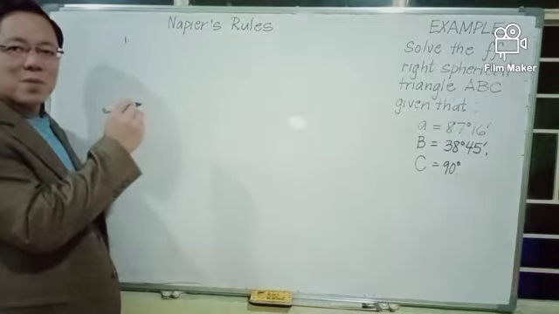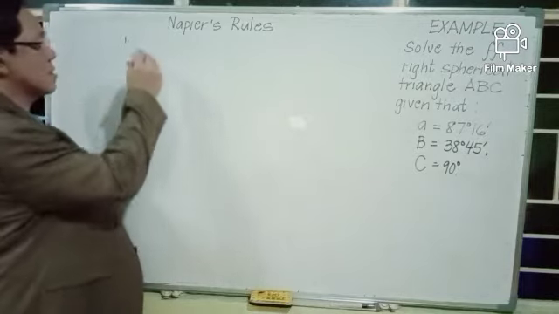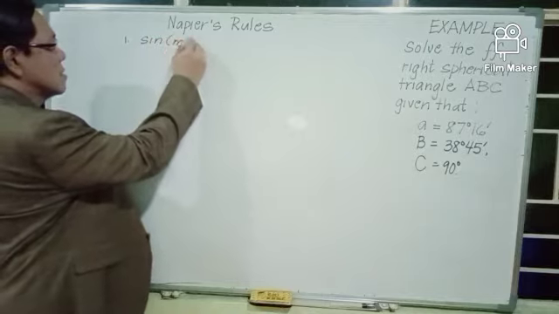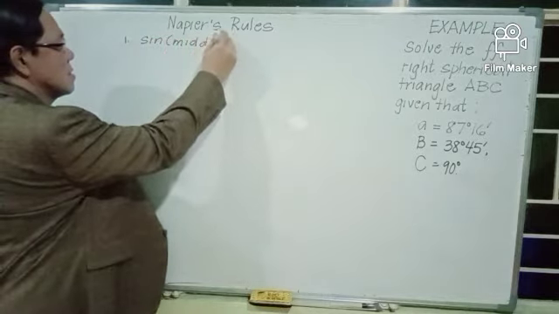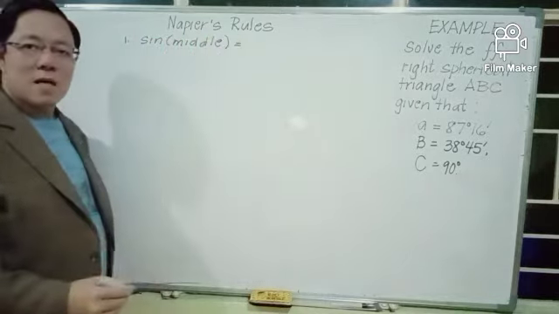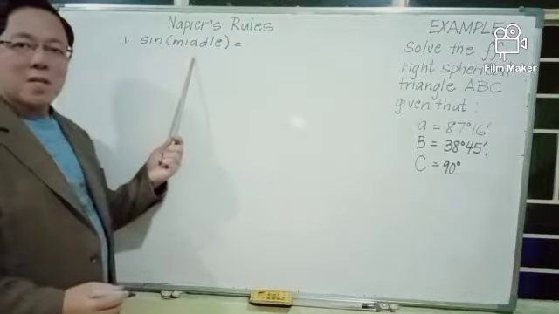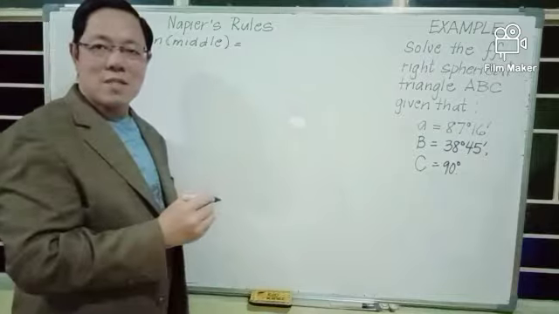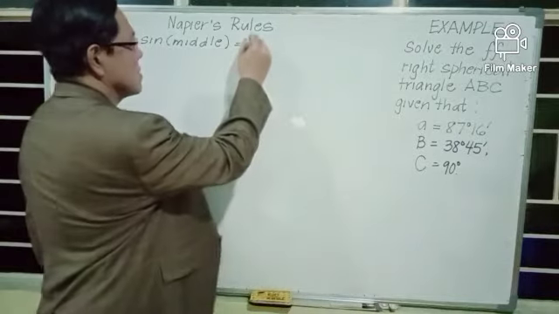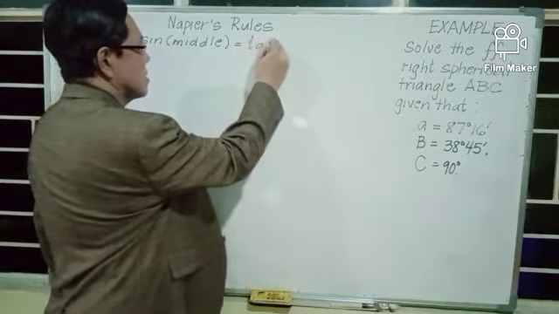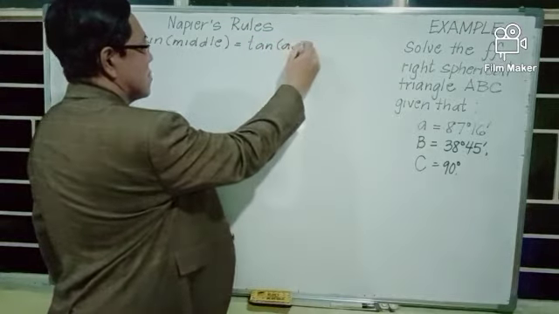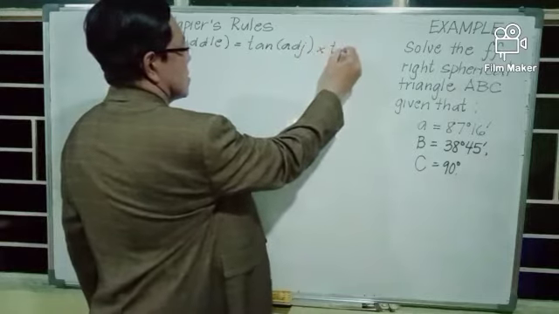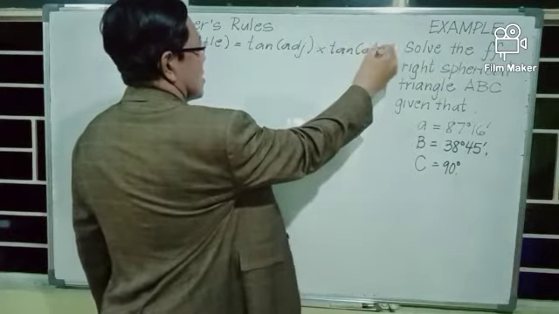The first Napier rule states that the sine of a middle part is equal to the product of the tangents of the adjacent parts. Tangent of an adjacent part and tangent of another adjacent part.